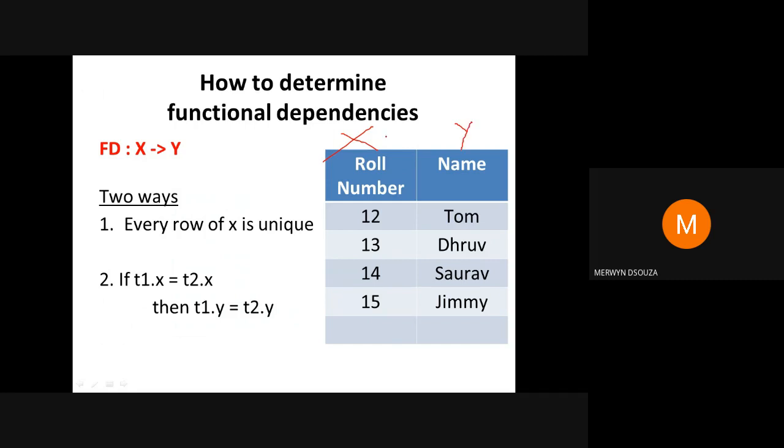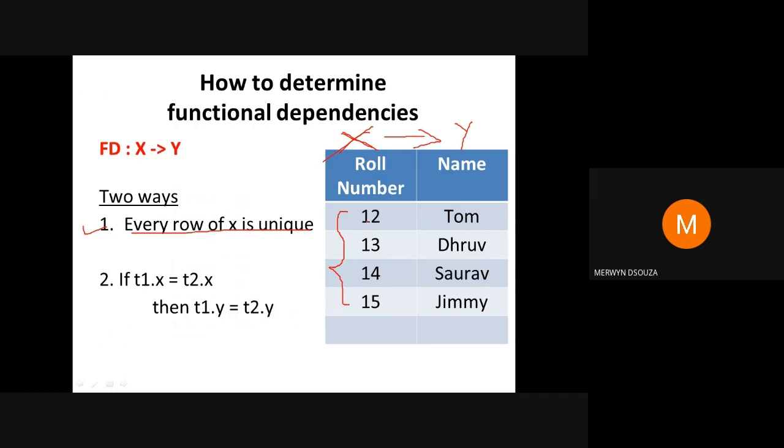So we are saying roll number determines name, that is the functional dependency. If it is valid, then there are two ways to check. First, you check whether every row of X is unique. Here in this case, roll number is X. So check, is every row of X unique?